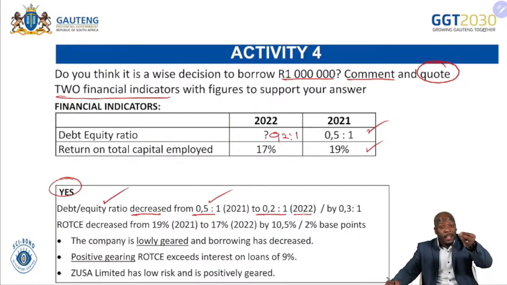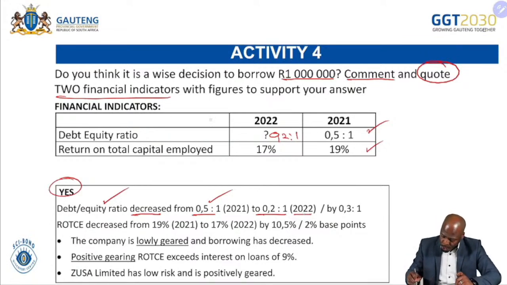The word decreased is very important. It is what you use to show us the trend. Is it an increase or a decrease? So don't leave out the word decrease or increase. That is very important. Not to forget that you need to quote figures. So it is decreased from 0.5:1 to 0.2:1. Or else you can give us the difference. It has decreased by 0.3:1.